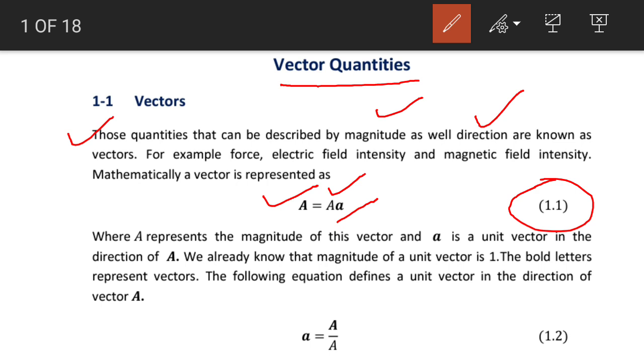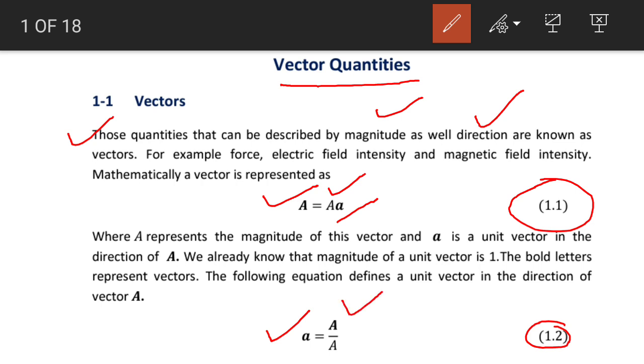So small a is a unit vector in the direction of vector A. If we want to find out the unit vector in the direction of vector A, we play with equation number 1.1, and we can find out the unit vector a, which is in the direction of vector A, with the help of equation number 1.2.